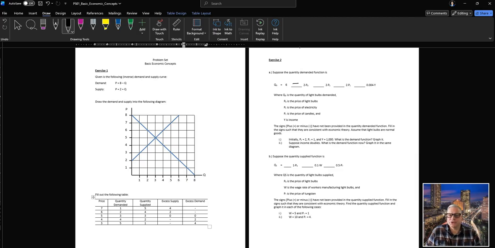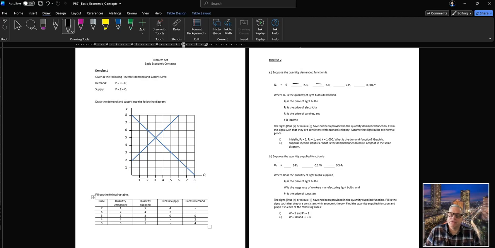Electricity is a complement to the light bulb. So if, let's say, electricity becomes more expensive, do you demand more or less light bulbs? Well, probably less. And so therefore we have here another negative relationship.